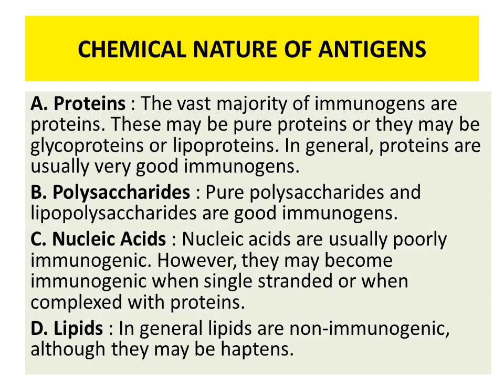Then nucleic acids are poorly immunogenic. However, they may become immunogenic when single-stranded or when complexed with proteins. Then lipids. In general, lipids are non-immunogenic, although they may be haptens. That is, when they are combined with any protein, they become immunogenic.